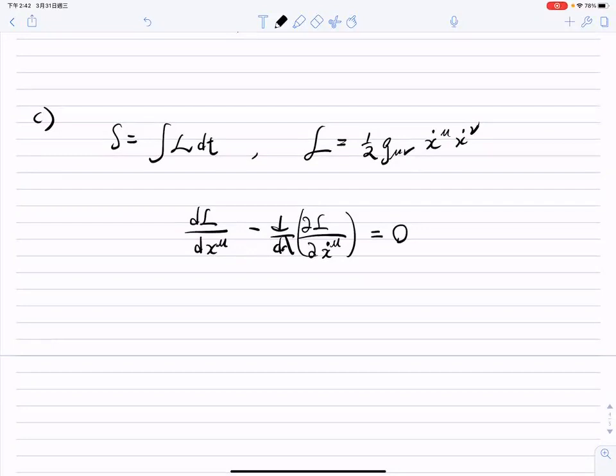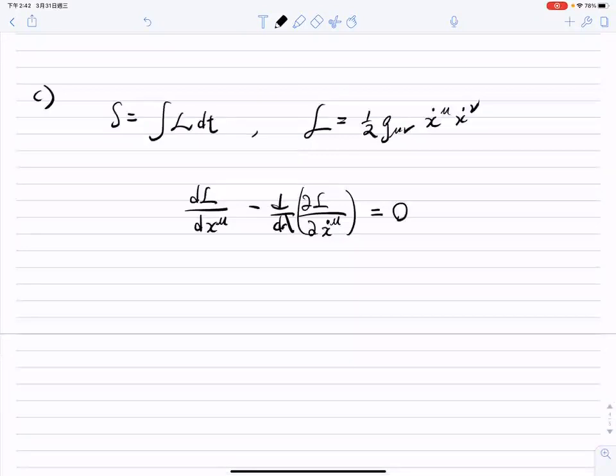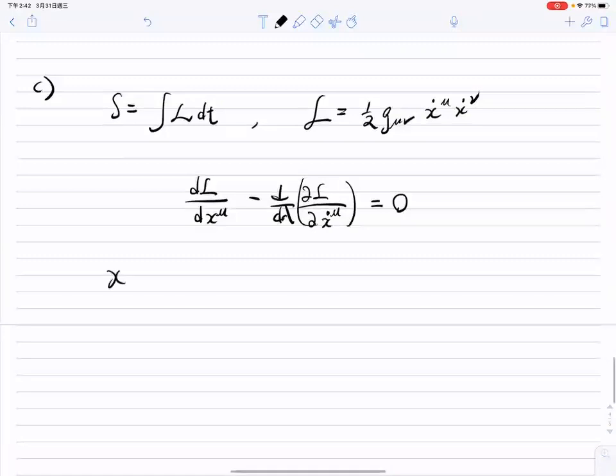I give you 10 minutes, and then you make use of this Euler-Lagrange equation to find the geodesic equation. And once you found the geodesic equation, you can compare it to this one, and then it is easy to figure out the Christoffel symbols.